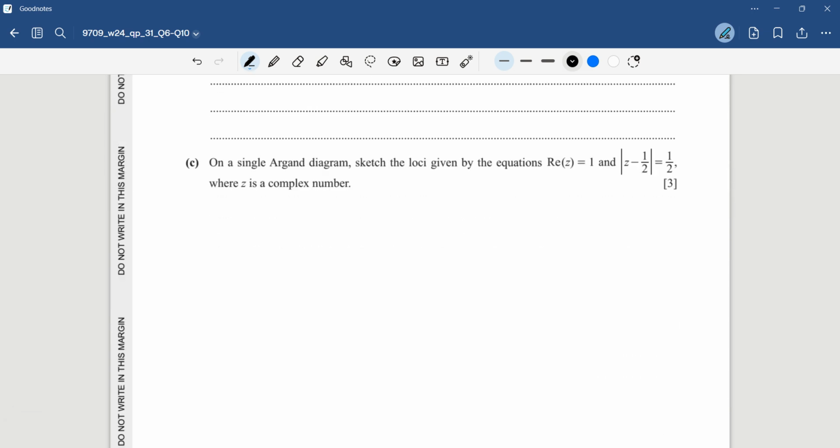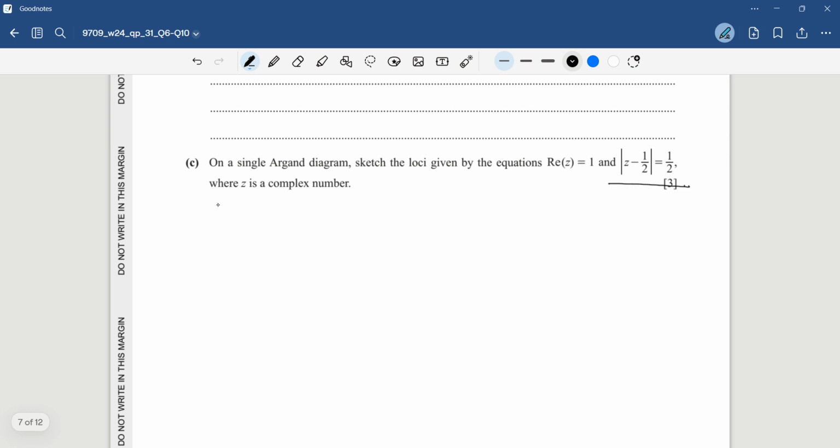Okay, for C, on a single Argand diagram, sketch the loci given by the equation modulus of z minus 1 over 2 equals 1 over 2, and real part of z equals 1. So this shows that it's a circle.